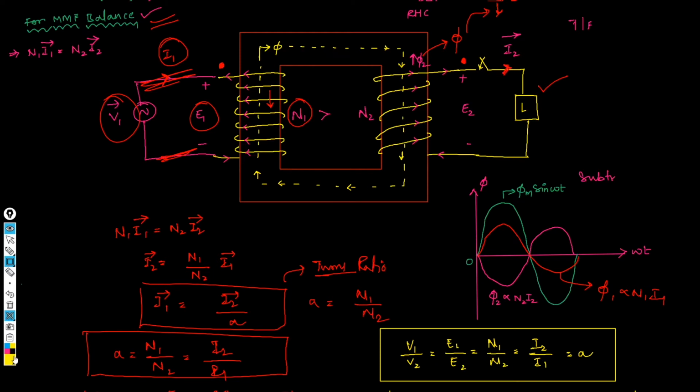Most of the students, I guess, will be confused between these two currents. Here I have written the I1 direction is in this direction, and the current due to the induced EMF when I assume the load is in this direction. Both these currents are opposite in direction.